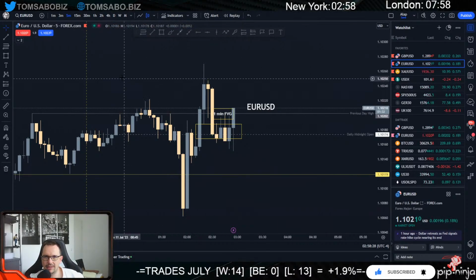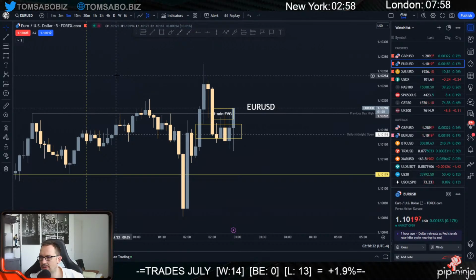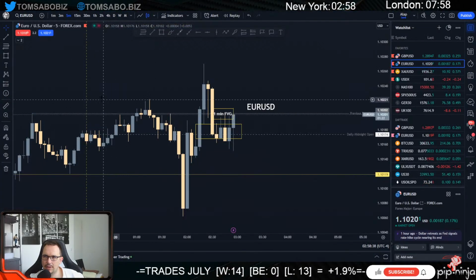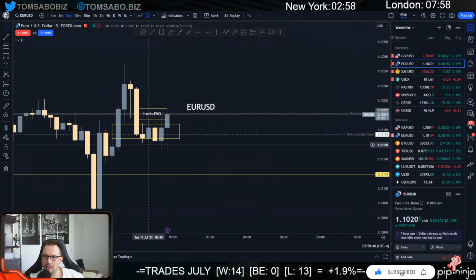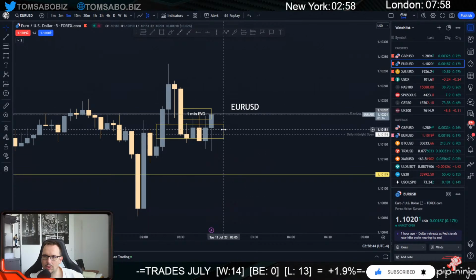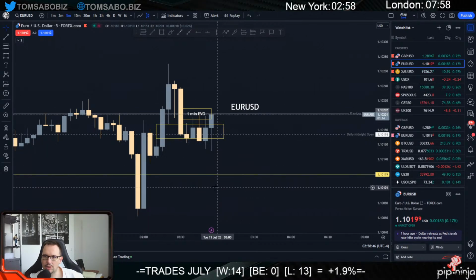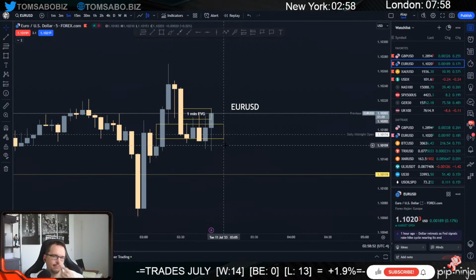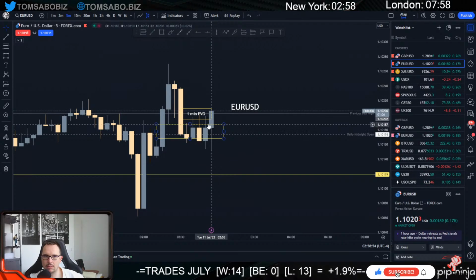Okay. Euro. I messed up my own mind. Look at this. This 5-minute fair value gap looks like it was holding. It was actually holding. Real emotions, guys. Real emotions from me right now.